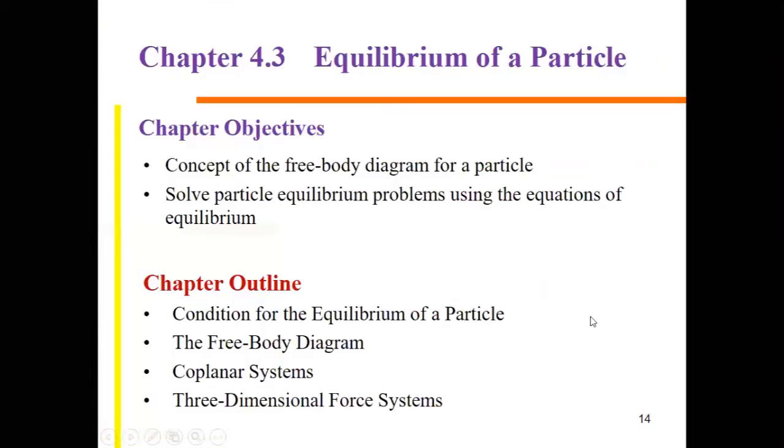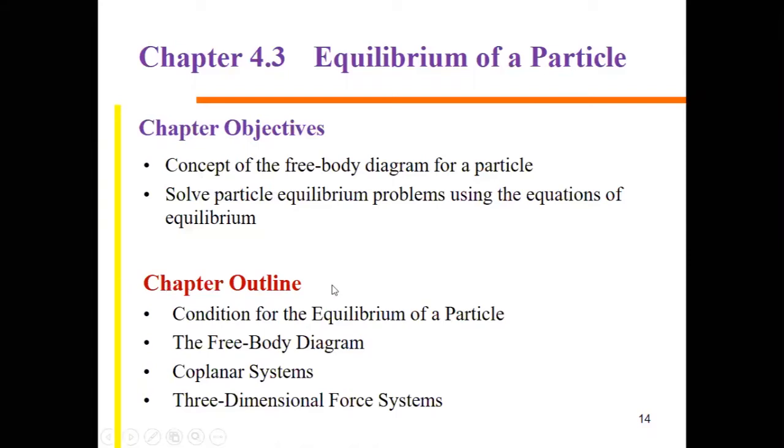Now, the equilibrium of a particle. The main concern here is the free body diagram of a particle, and we can solve for a particle in equilibrium using equations of equilibrium.